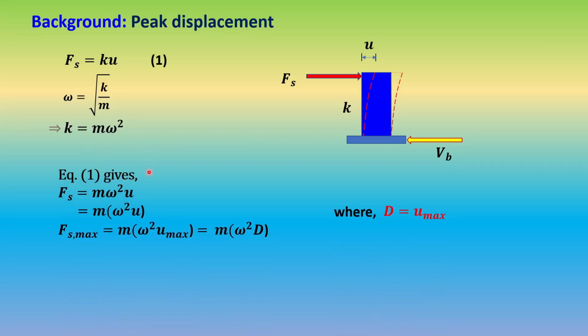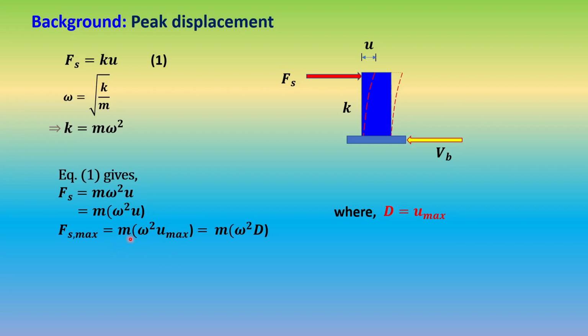So equation 1 can now be written as Fs equal to K into U. We shall write Fs equal to M omega square into U, and omega square U let us take together within parentheses. So the maximum value of the Fs will be at the point when U is maximum. So then in that case U becomes U max.